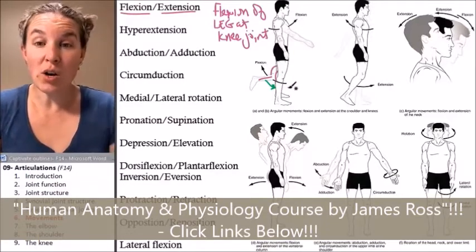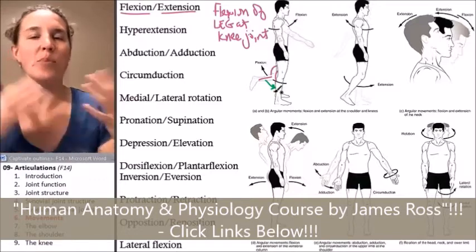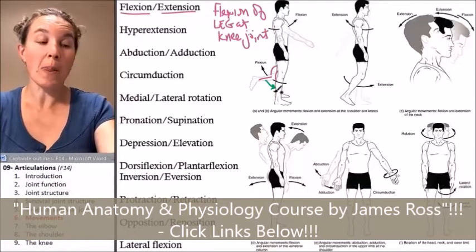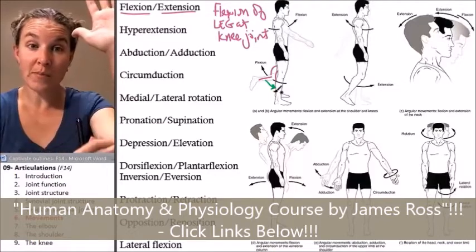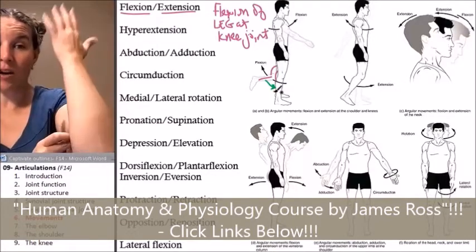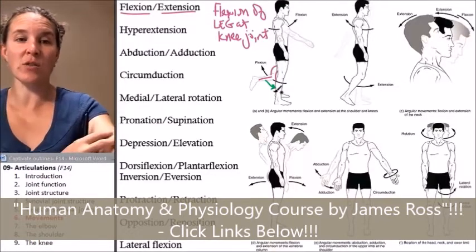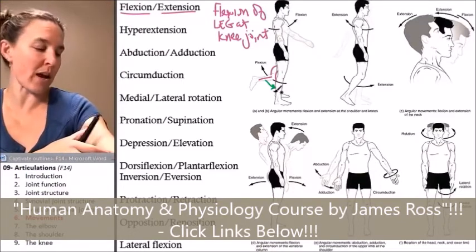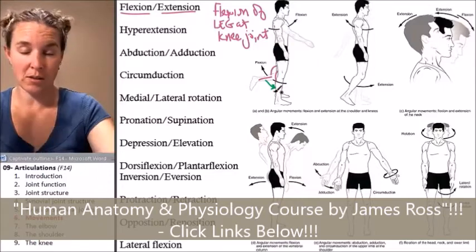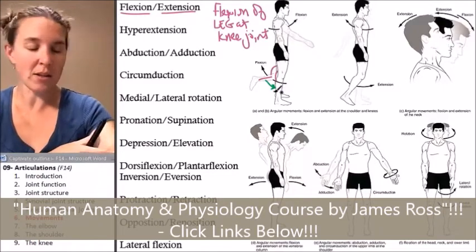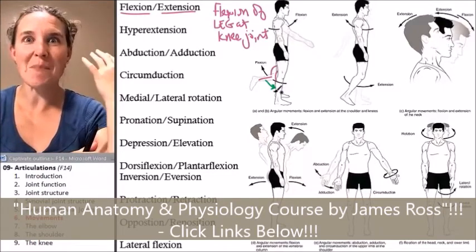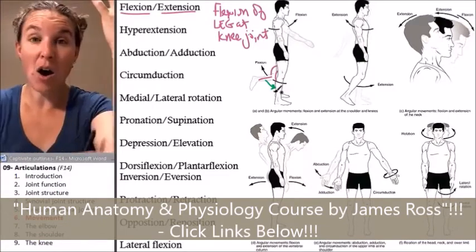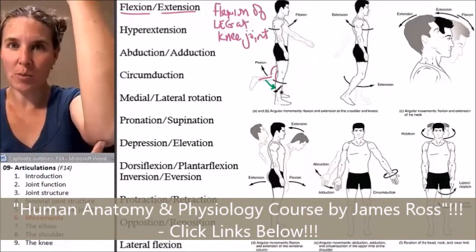You can also flex. Probably the best way to remember is to imagine flexing your forearm at the elbow joint. That's a good one because you can imagine flexing your bicep. We will learn that we're not actually flexing our muscles, we're actually contracting our muscles. So I will contract my biceps in order to flex my arm at the elbow joint.